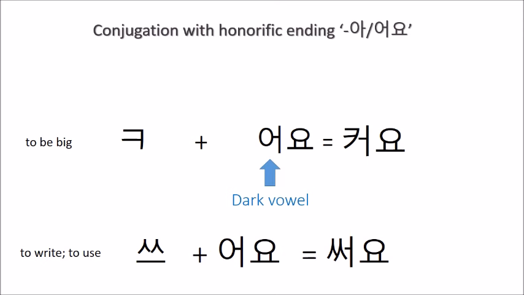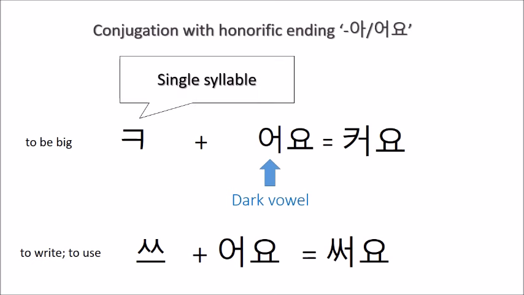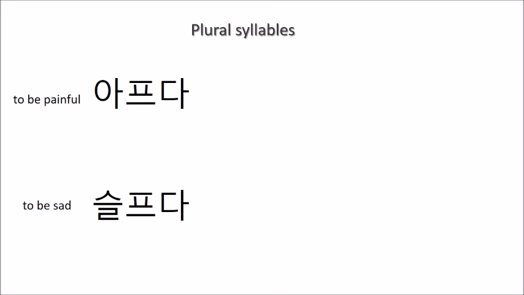Okay, so up to now, we have just been talking about words that have a stem with a single syllable. What happens to words with more than one syllable? For example, we have 아프다, 슬프다. Both have two syllables in the stem and also end with the vowel ㅡ.